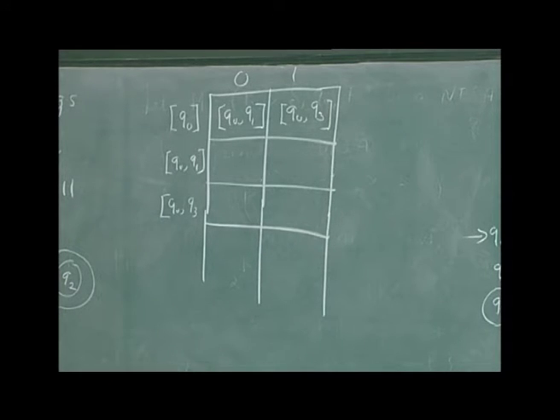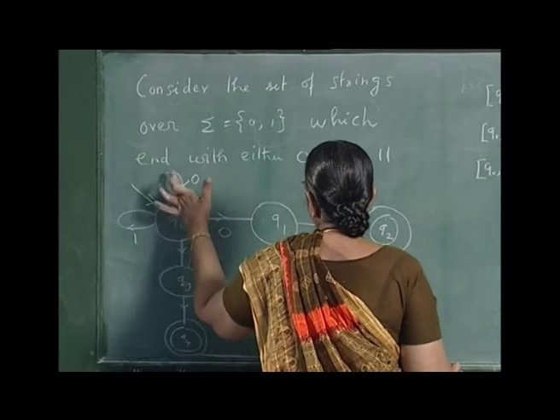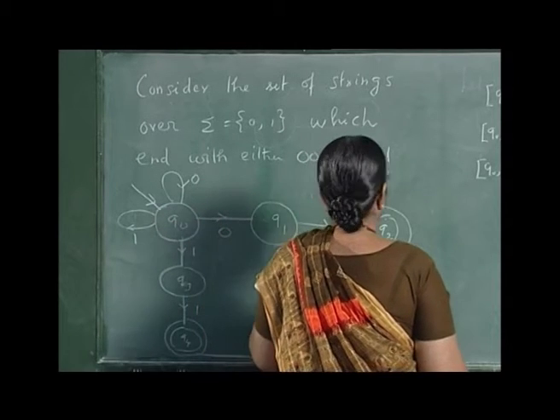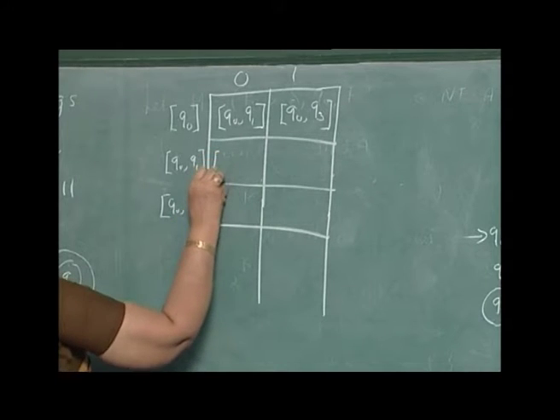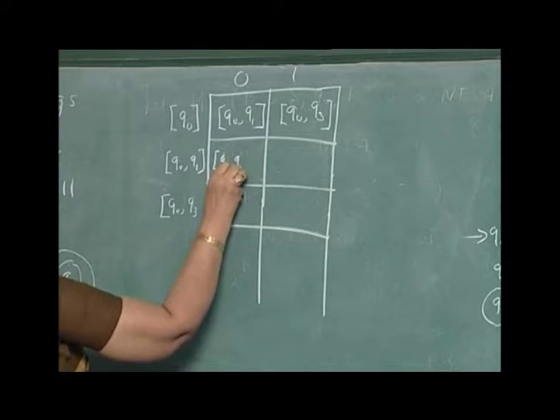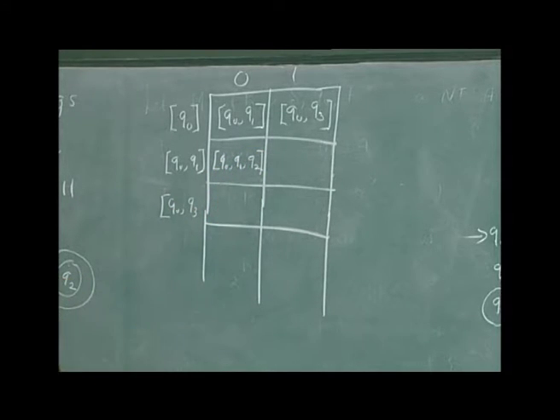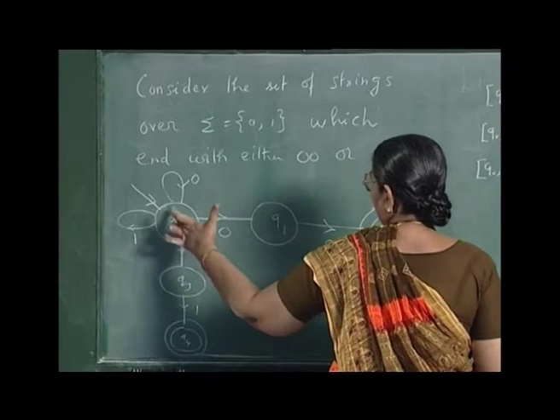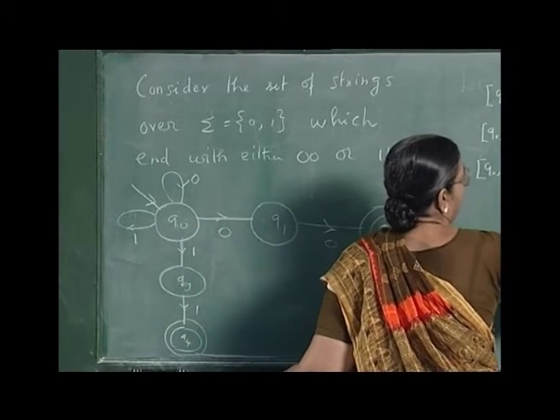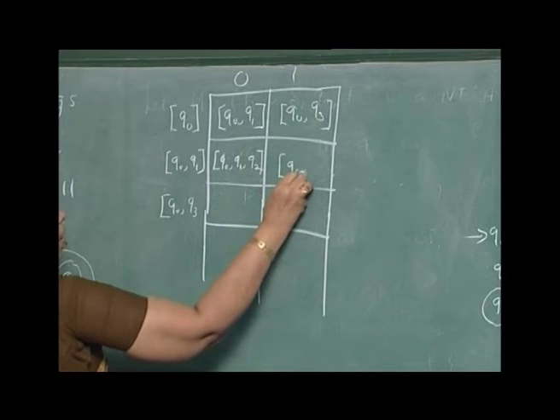From Q naught or Q1 if you get a 0, you go to Q naught, Q1 or Q2. From Q naught or Q1 if you get a 1, you go to Q naught or Q3.